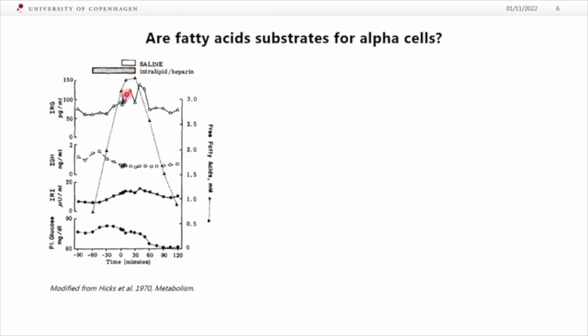Here they have treated volunteers with intralipid and heparin, and what you see is you get a massive increase in circulating free fatty acids, and this of course leads to an increase in immunoreactive glucagon. So this suggested that glucagon could be stimulated by fatty acids.